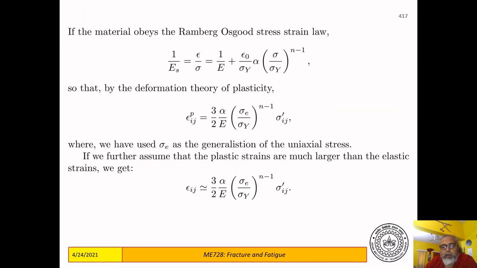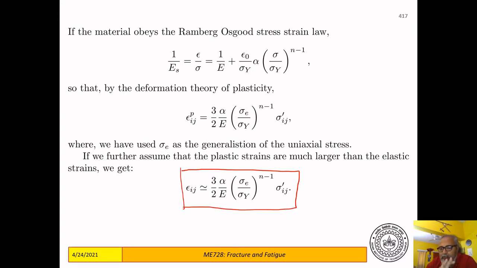we had looked at this particular relationship. So the flow rule in case of deformation theory of plasticity, remember in deformation theory of plasticity, we had assumed that the material is never unloaded. It is continuously loaded. So stresses are always increasing at the material point, and therefore the material behaves like a nonlinear elastic material.